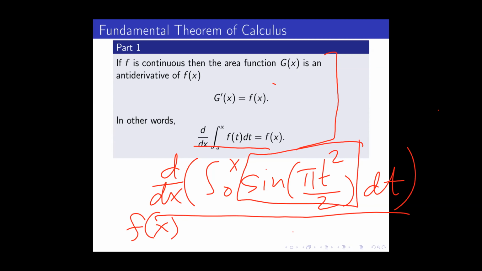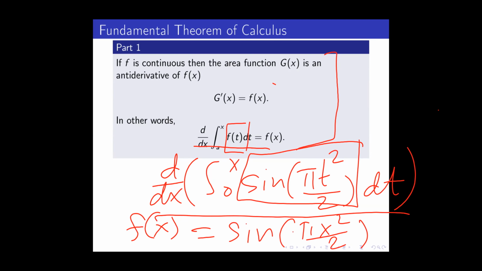So if ft is sine of pi t squared over 2, then fx should be sine of pi x squared over 2, because this should be ft. And if you change t to x, then fx is sine of pi x squared over 2.